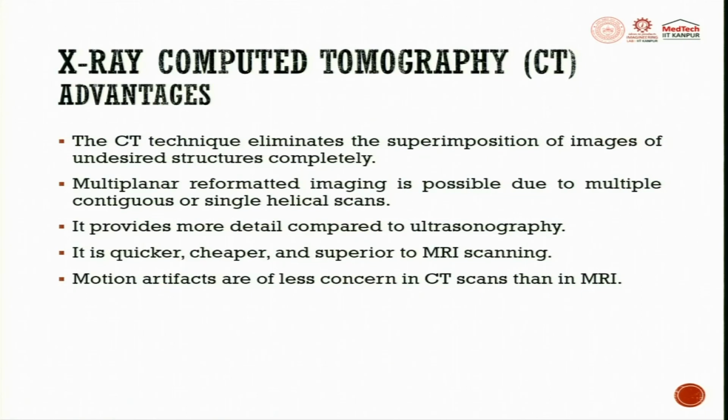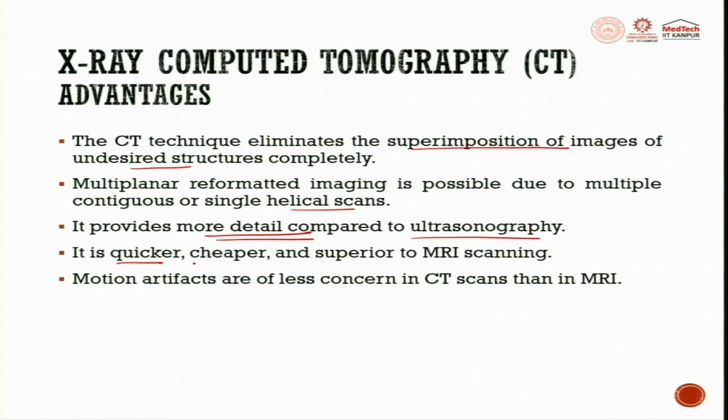The advantages of the CT technique are that it eliminates the superimposition of images of undesired structures completely. Multiplanar reformatted imaging is possible due to multiple contiguous and single helical scans. It provides more detail compared to ultrasonography.